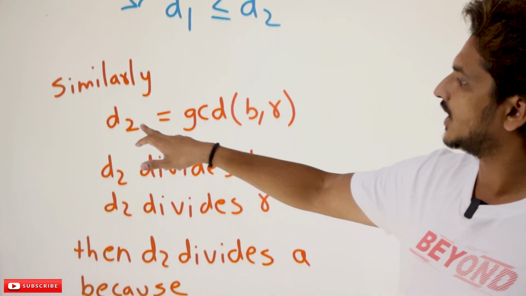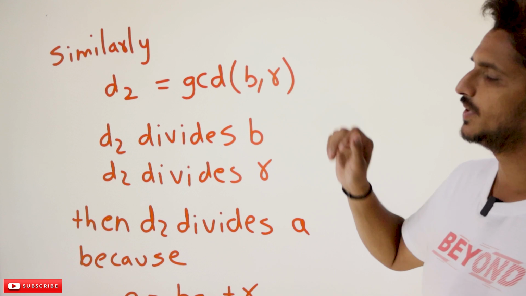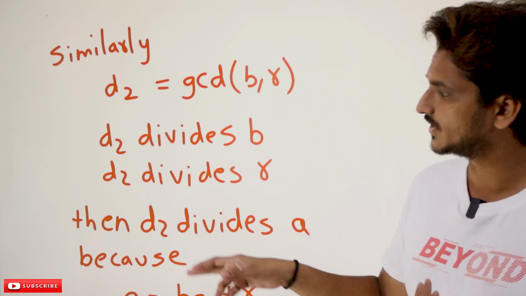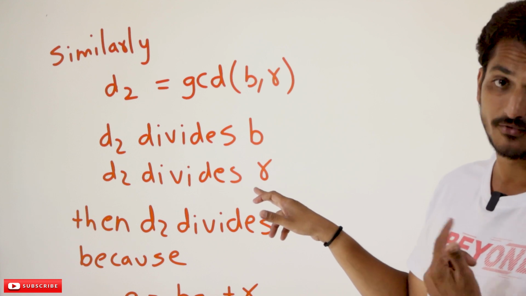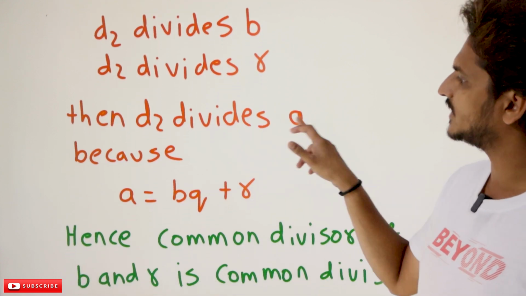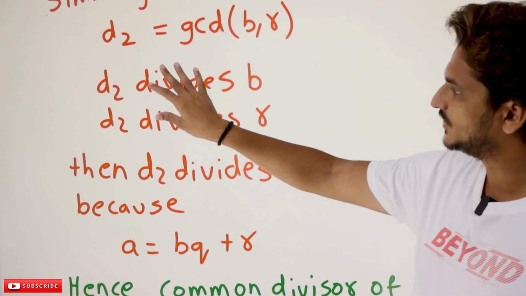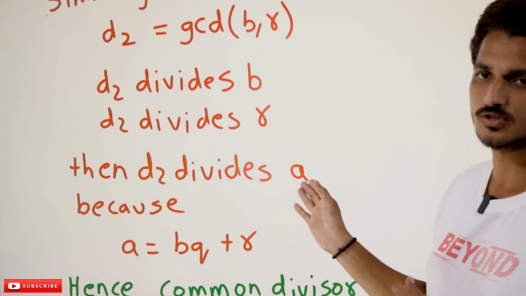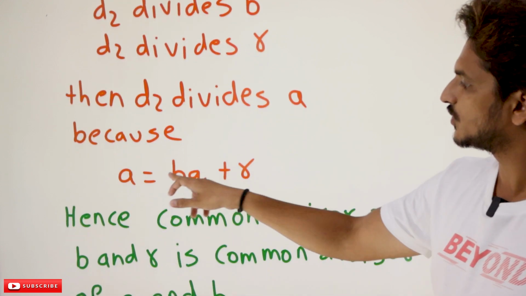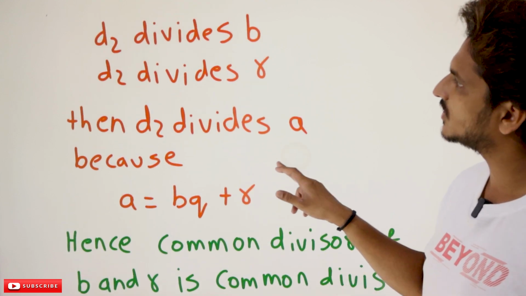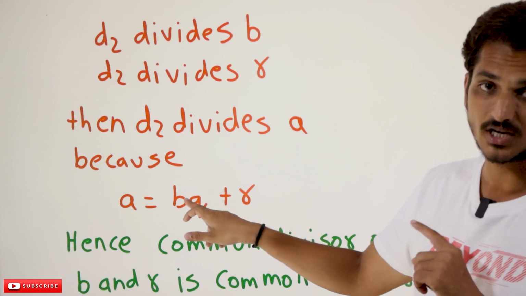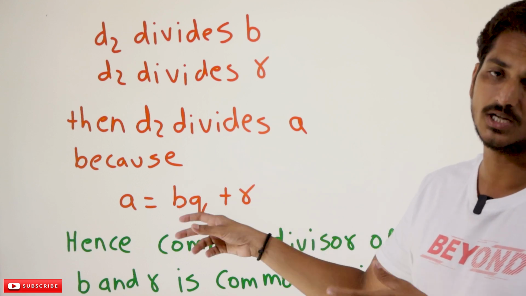We have taken D2 is equal to GCD of B comma R. What's the meaning of that? D2 divides B, D2 divides R. Then D2 divides A also. Why? Because A is equal to BQ plus R. The same logic: D2 divides B, so definitely D2 divides BQ, because it is a multiple of some integer.